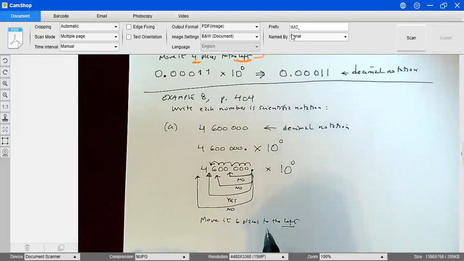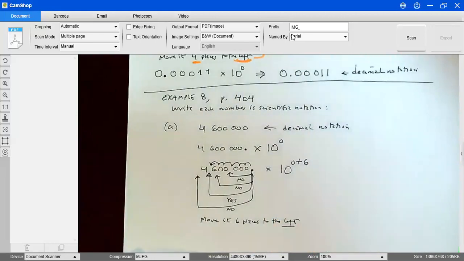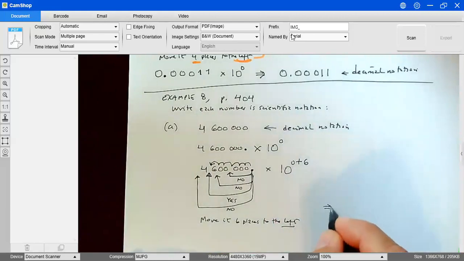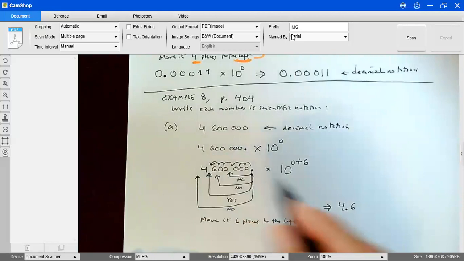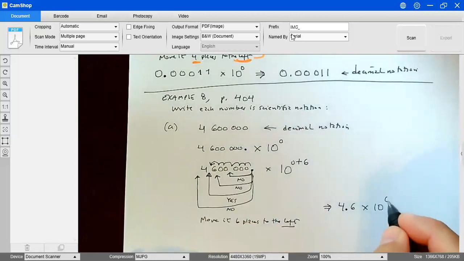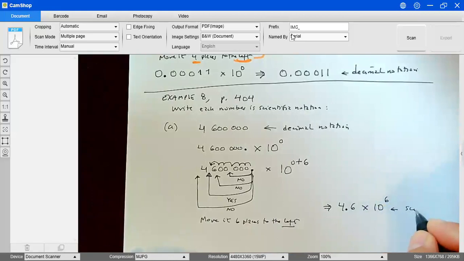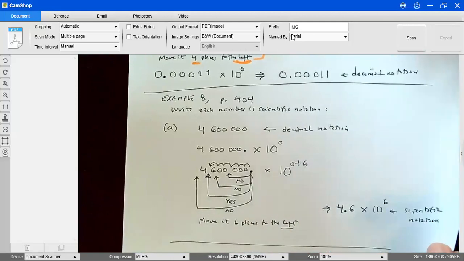When you move to the left, remember the rule is you add the number of places when you move to the left. So it's going to be plus 6. So what is the final answer? So the final answer is just 4.6, because now the point is over here, times 10 to the 6. That is going to be the scientific notation now. This is a number in scientific notation. So that's the first part of example A.